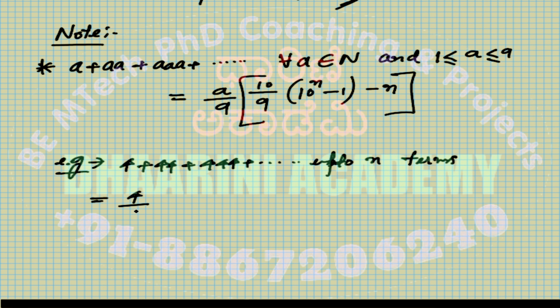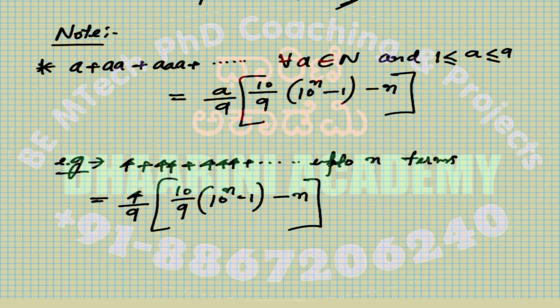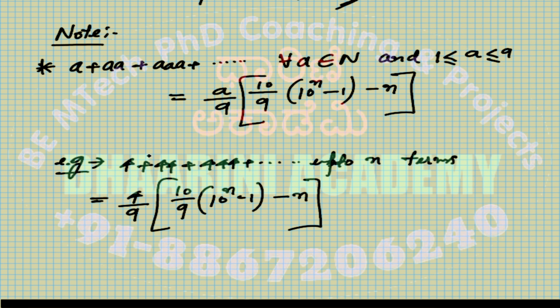This is 4 by 9 into 10 by 9 into 10 to the n minus 1 minus n. Now if n is equal to, say, 6 terms, simply put n equal to 6. You will get the answer up to 6 terms. Okay, so that's note number 1.